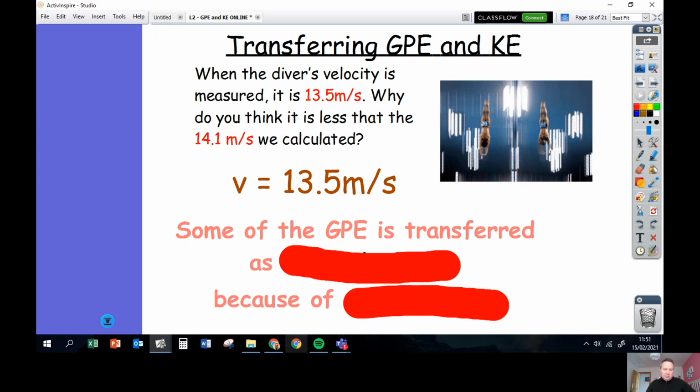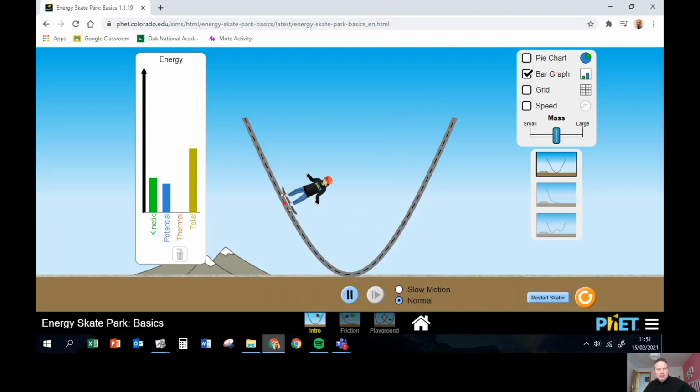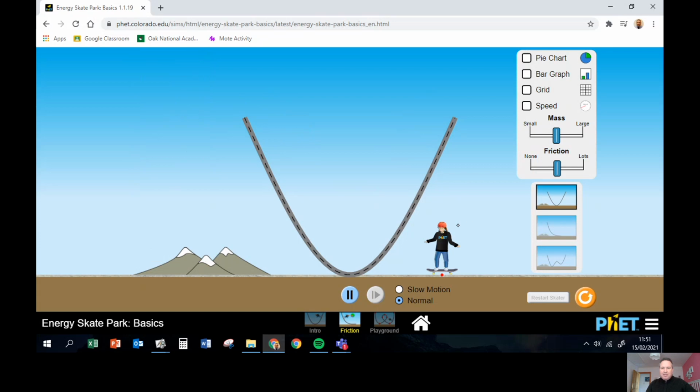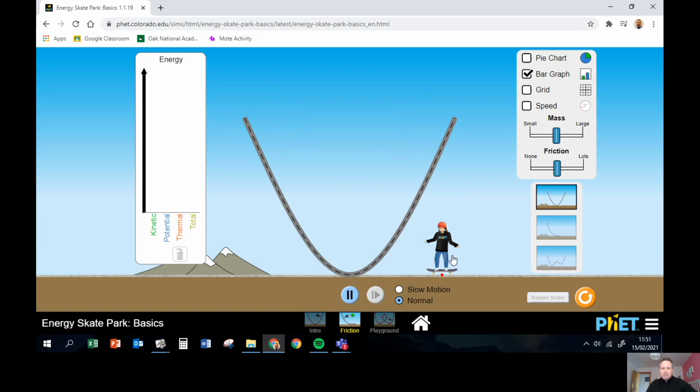Well, to do that, it's probably worth looking at my simulation again. This simulation isn't realistic because it's missing one really important force, which we see a lot of in real life, and that force is friction. If I set the ramp up with friction, you can see, oh, we've now got another form of energy, thermal energy.